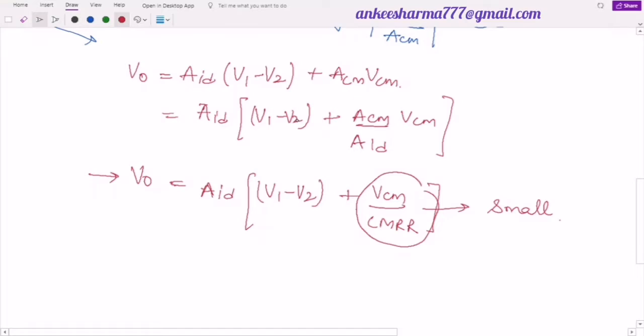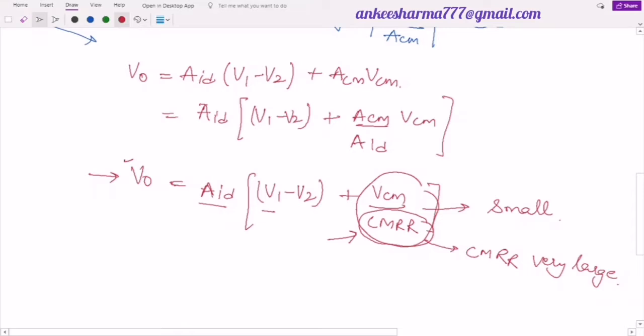But for an op-amp, what I can do is make the value of CMRR very large. If the data sheets of more than one op-amp give the CMRR values, I can compare them to see which op-amp will give an output voltage almost equal to the product of the differential gain and the differential voltage. Is it clear why we specify only the CMRR, not the ACM values? Because from the CMRR also we get the same thing.